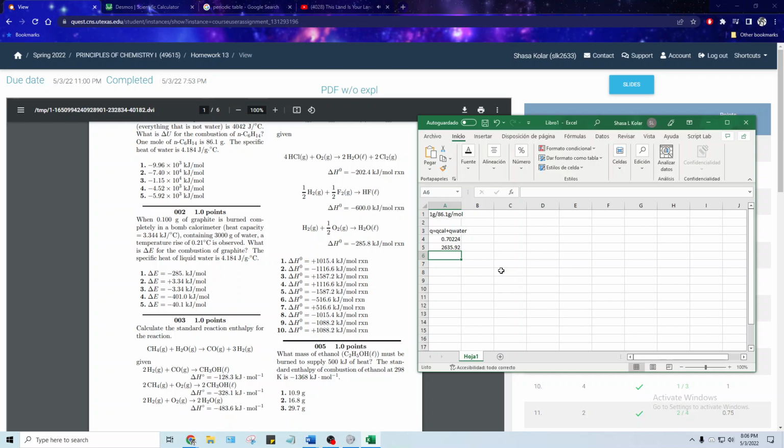That is in joules, not in kilojoules, so we will have to divide this by 1,000. And then we can add them together. So this is our kilojoules, which is 3.34 kilojoules, but it is not number 2 or number 3.